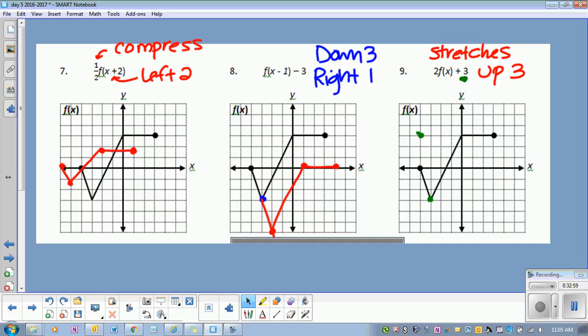Does that make sense? Okay. So then the next one is this guy. And since it's up 3 times 2 is 6, and then up another 3, so about here at 9. And then if I connect the dots, oh my goodness, look at this guy.